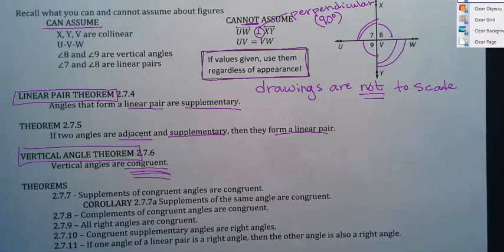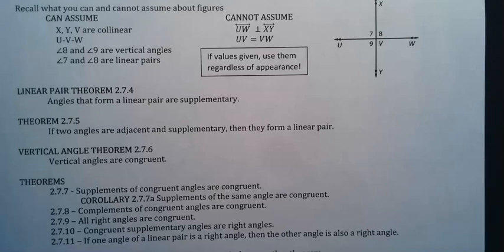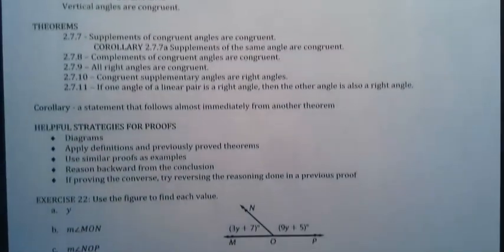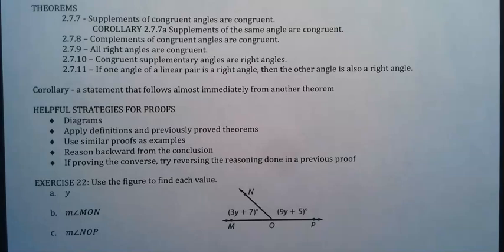All right, then we have a whole list of theorems. Supplements of congruent angles are congruent. So if we have supplements, and I say these are congruent, then the supplements of congruent angles are congruent.